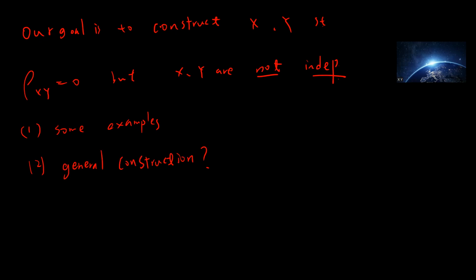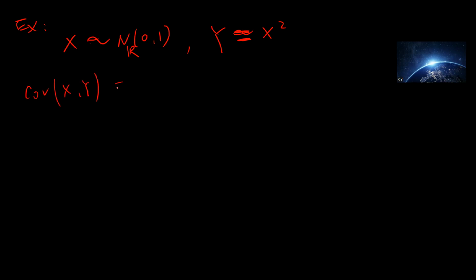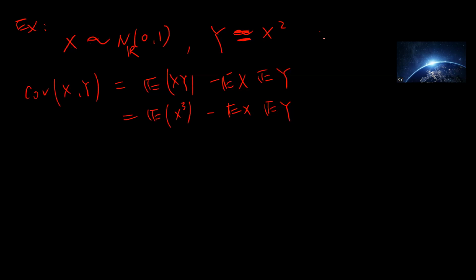Let's consider example 1. I can consider X to be a real Gaussian, normal 0, 1, and I define Y to be X squared. Let's compute the covariance of X and Y. It's the expectation of XY minus the expectation of X times the expectation of Y, which is the expectation of X cubed minus the expectation of X times the expectation of Y. Since X is Gaussian, the expectation of X is 0 and the expectation of X cubed is also 0.